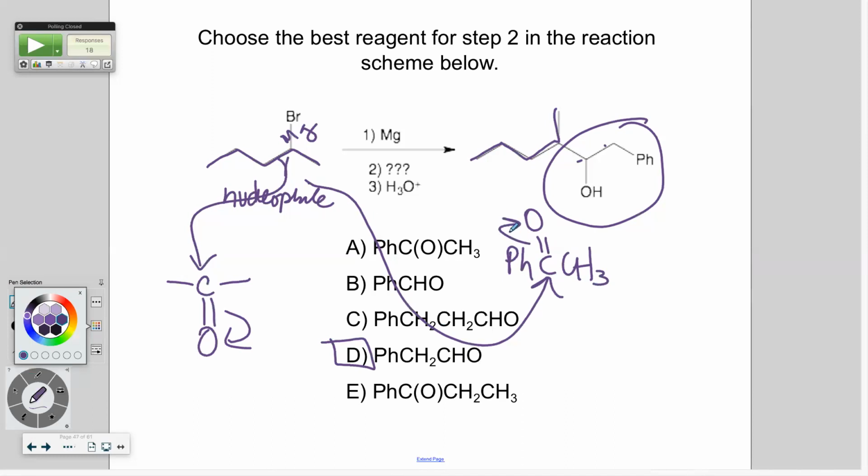So you're going to get 1, 2, 3, 4, 5. See how this is different from this, how the carbons are hooked together?